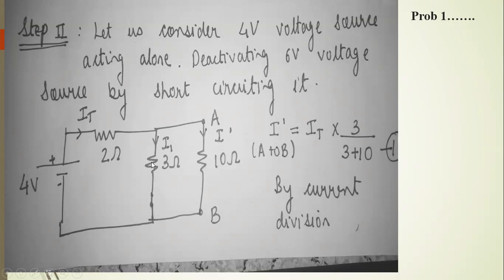Here we can simply apply the current division rule. According to the current division rule, I dash, the current flowing through the 10 ohm resistor when the 4 volt source is considered, will be equal to the total current multiplied by the resistance of the opposite branch upon 3 plus 10. In this way, we can find the value of I dash. But for I dash, first we need to calculate I total, that is, the total current of this circuit.